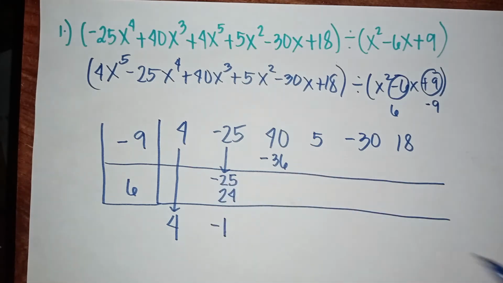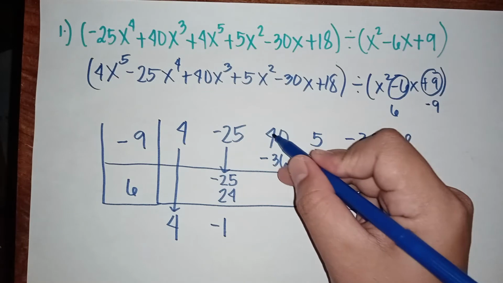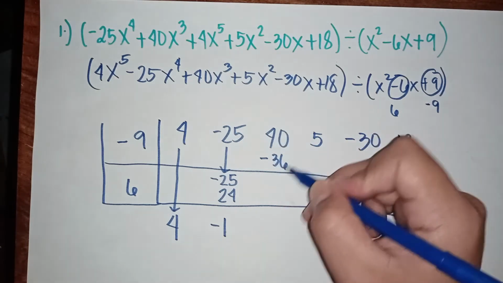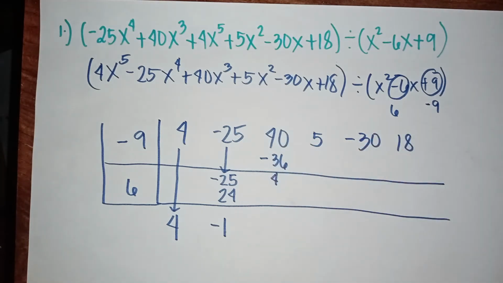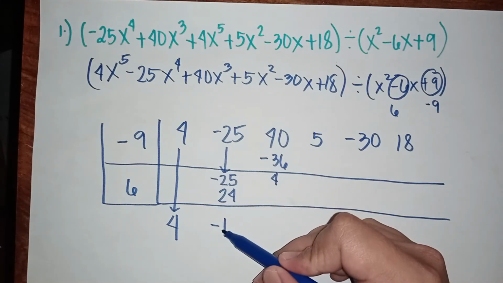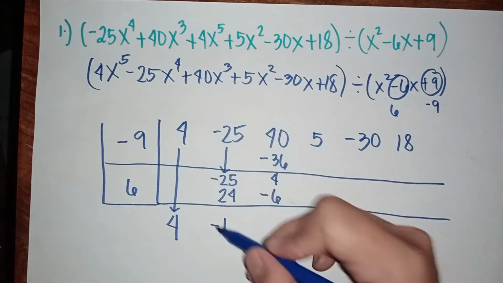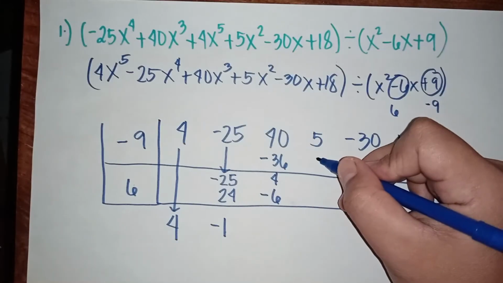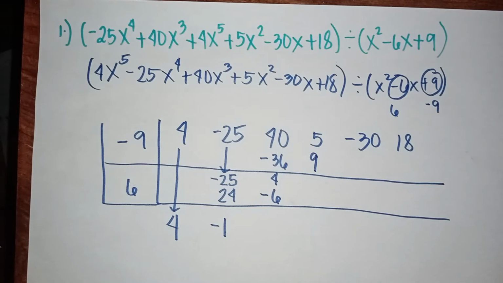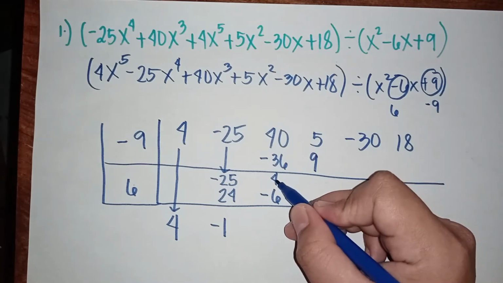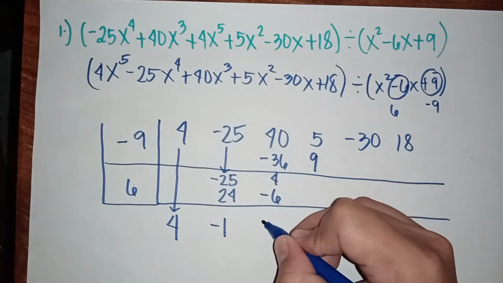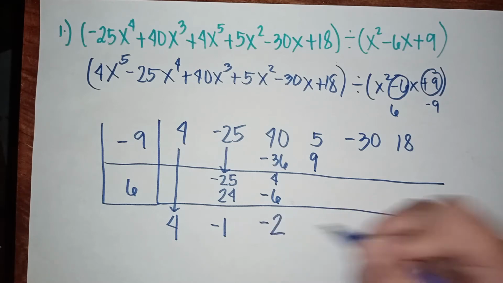Add natin ito, 40 plus negative 36, that is 4. Next, multiply ulit natin sa 6, negative 1 times 6, that is negative 6. Next, negative 1 times negative 9, that is positive 9. So add natin 4 plus negative 6, that is negative 2.